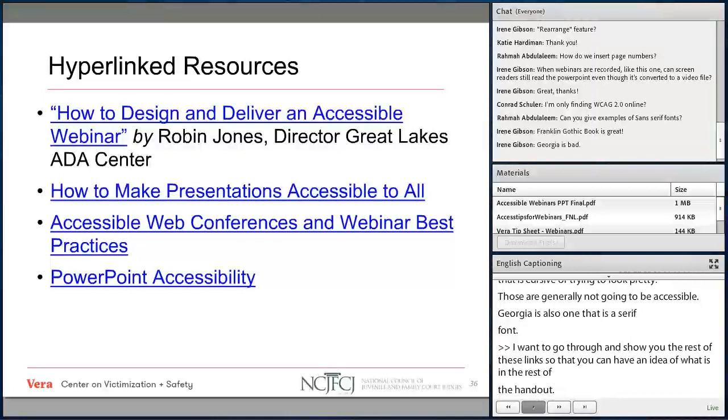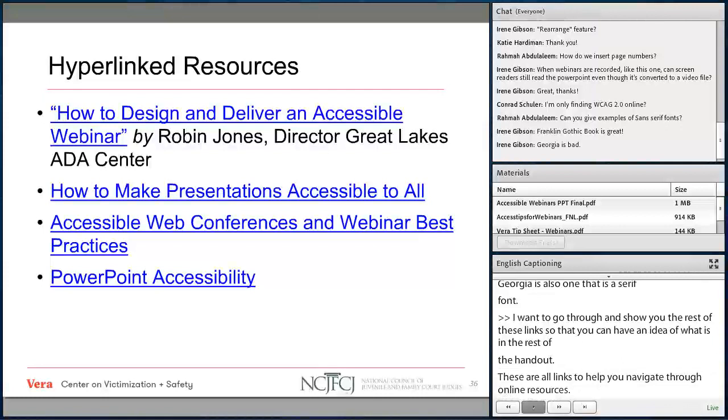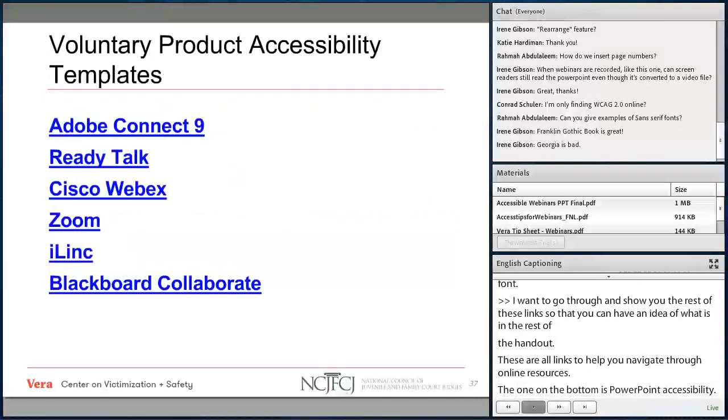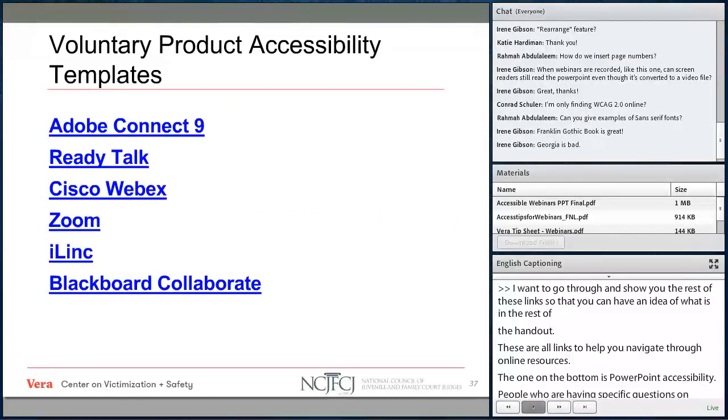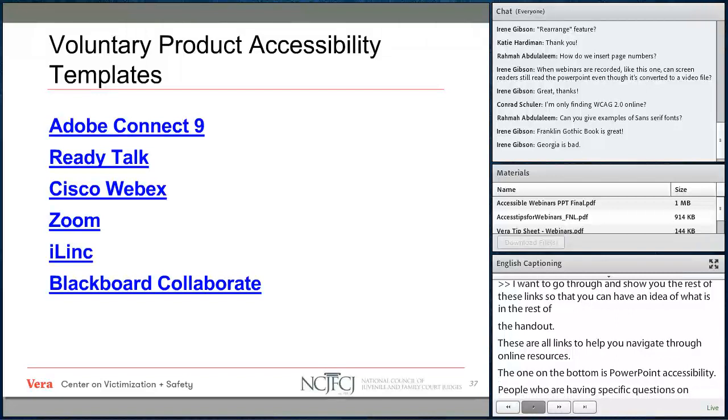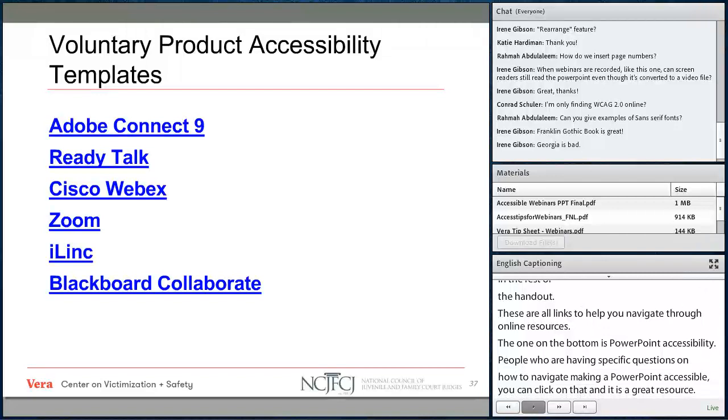So the one at the bottom here is going to be PowerPoint accessibility. So people who are having specific questions on how to make the PowerPoint accessible, you can click on that one and it's a great resource. These are all of the platforms where they have their access information online.